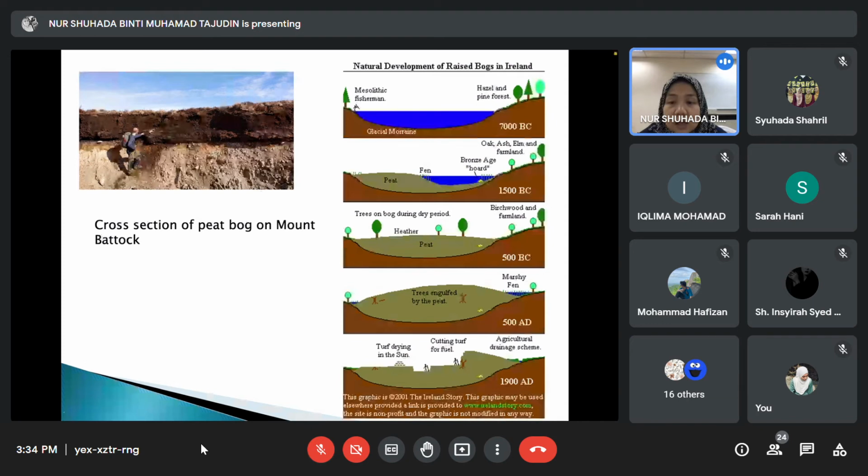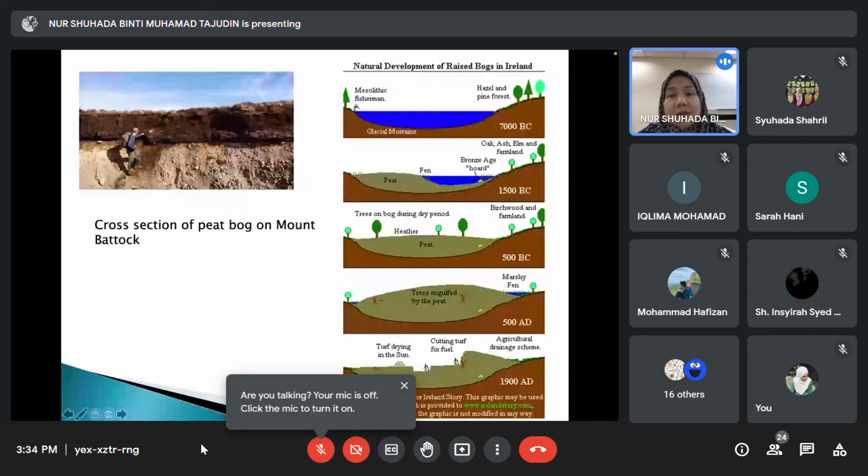Now is 1900. Okay, so it takes a very long time for it to bertukar daripada from lake to a land. Okay, so bila dah jadi land, it is like this. Okay, these are some examples of, this is also a part of the soil formations. Okay, so yang ni adalah peat soil in Malaysia.